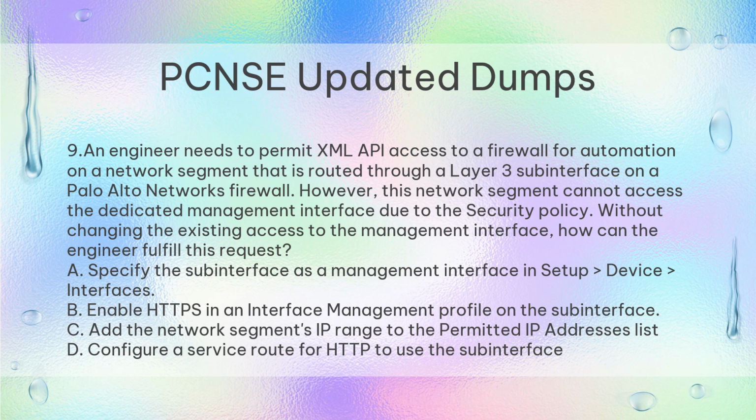A. Specify the subinterface as a management interface in Setup, Device, Interfaces. B. Enable HTTPS in an interface management profile on the subinterface. C. Add the network segment's IP range to the permitted IP addresses list. D. Configure a service route for HTTP to use the subinterface.